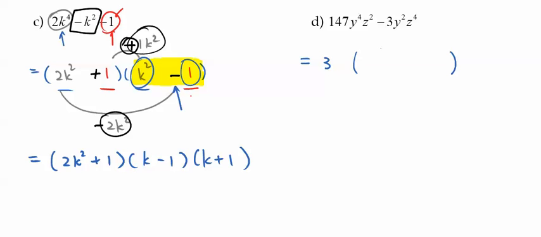But besides the 3, what else are in common? Y squared and Z squared. Make sure you take out all the GCF before you start your factoring.